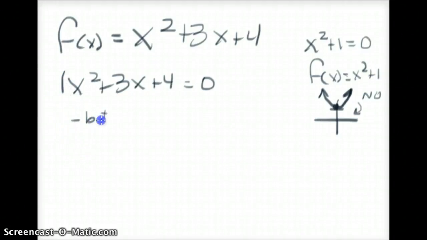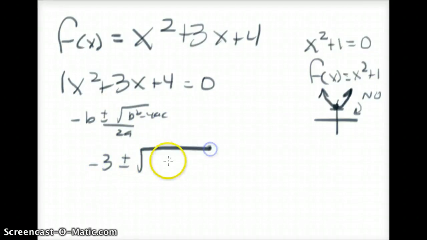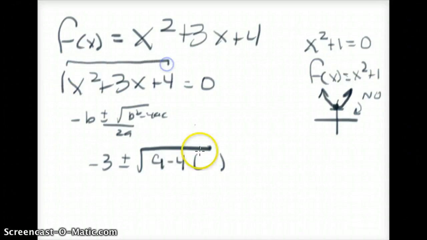Negative b plus or minus the square root of b squared minus 4ac all over 2a. Okay. All right, so that's negative 3 plus or minus the square root of b squared, which is 9, minus 4. This is how I do it, a times c. A times c is 4, okay? All over 2a, which is just 2.